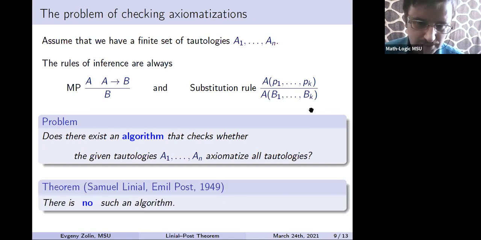So the result by Linial and Post is that there is no such algorithm.